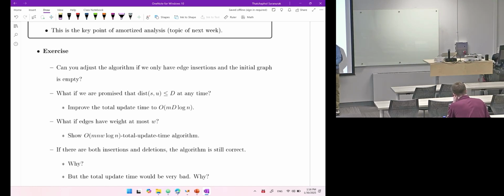Isn't it the same idea, where you now know the upper bound is n times w because you can't go more than that? Exactly. It's the same algorithm. You don't need to show a new algorithm. You just need to analyze it.